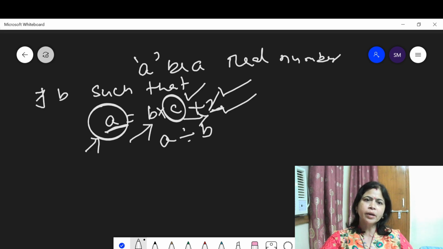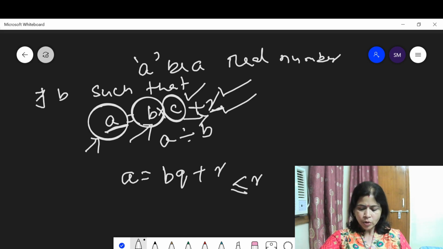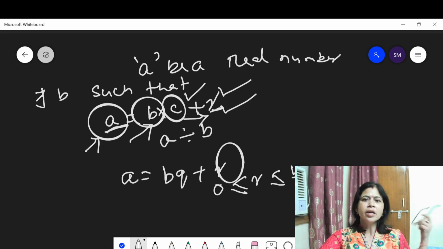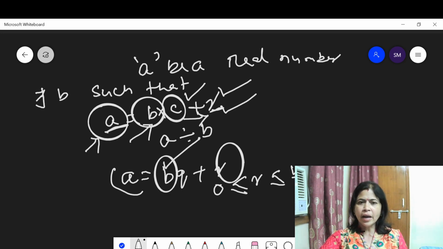For any real number a, if there exists b such that a is equal to bc plus r, then Euclid's division lemma says that a is equal to bq plus r, where r is greater than or equal to 0 and less than b, because the remainder is always less than the divisor. b is the divisor, a is the dividend, r is the remainder and q is the quotient.